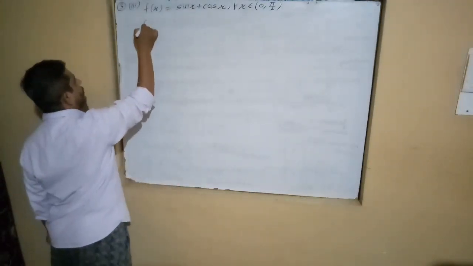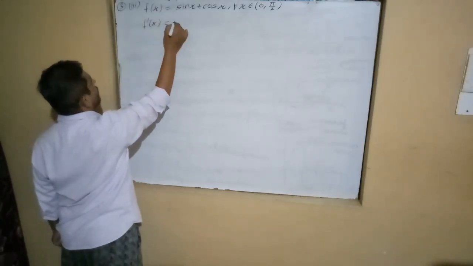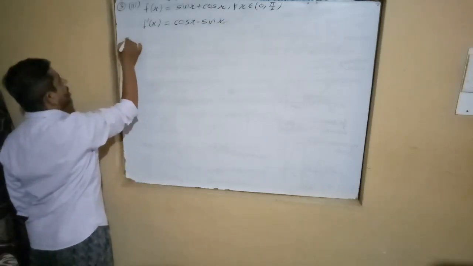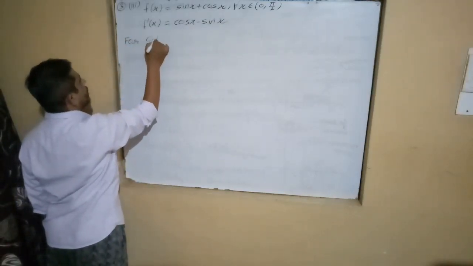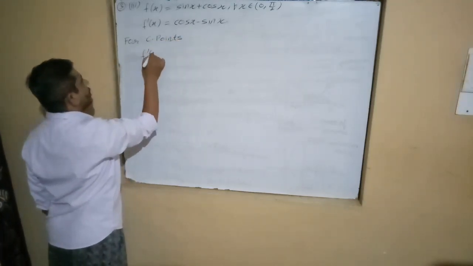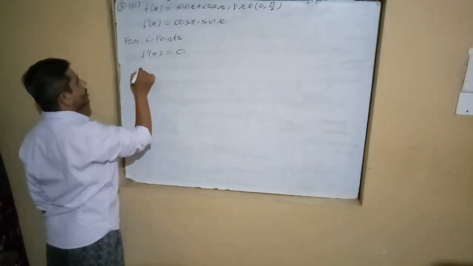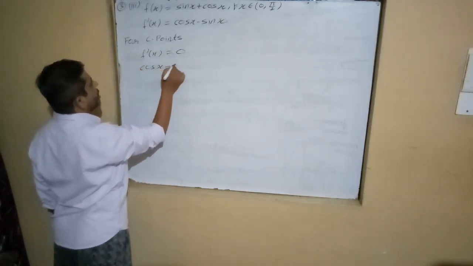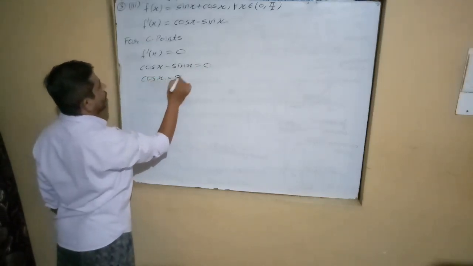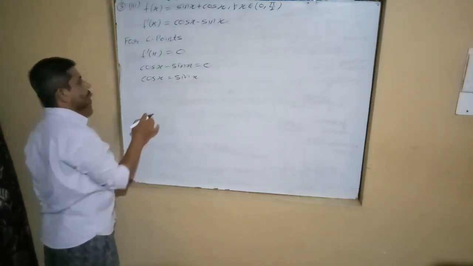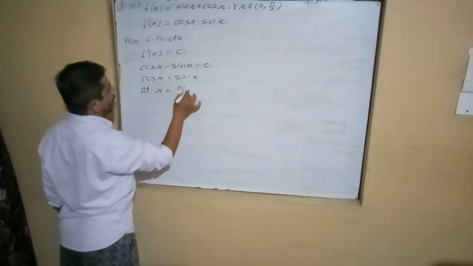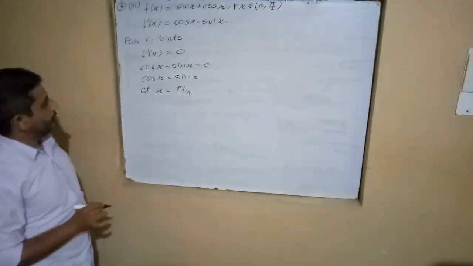So first we have to find the differentiation: cos x minus sin x. Then for critical points, f dash x will be 0. It means cos x minus sin x is equal to 0. So cos x is equal to sin x. For what value are both the same? At x is equal to pi by 4.